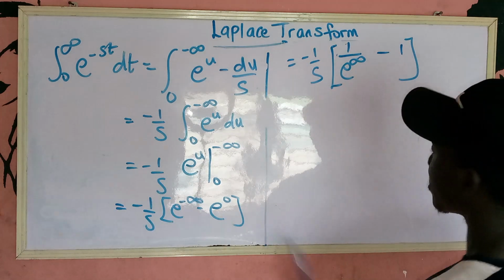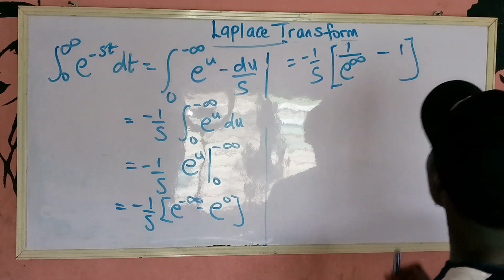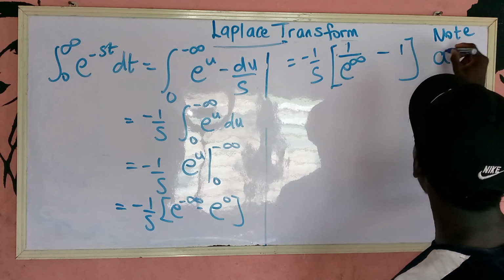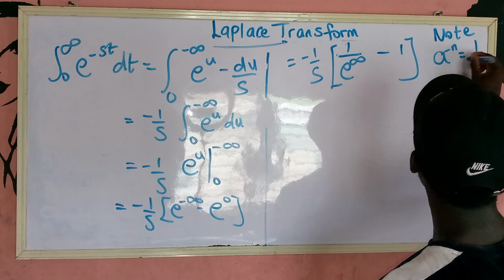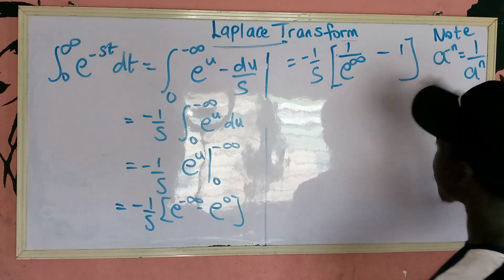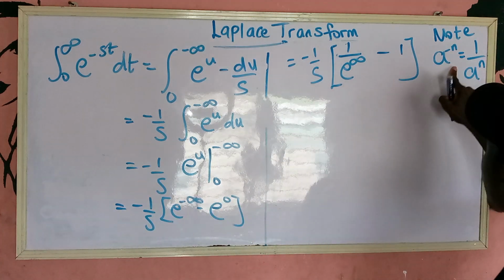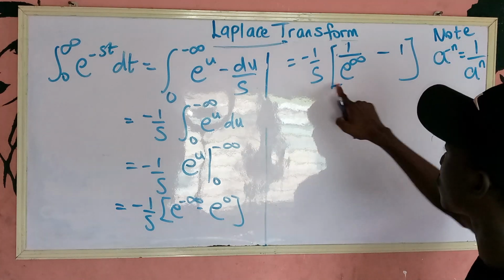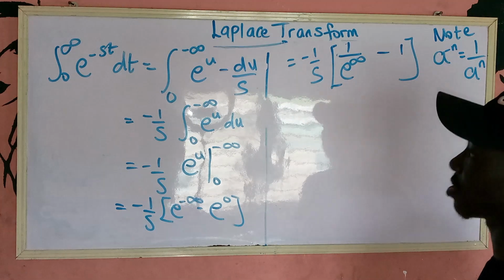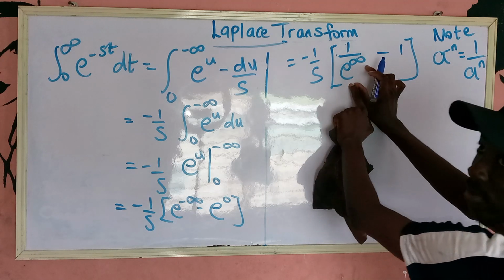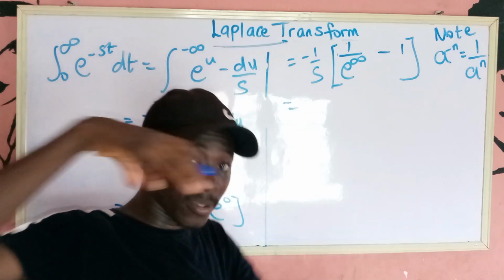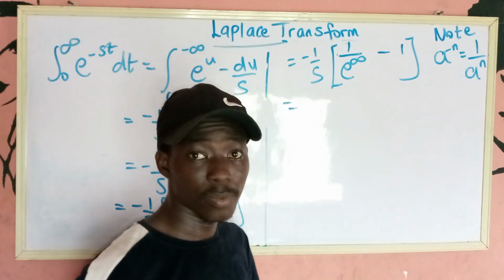The reason this works is that a raised to power minus n is equal to 1 over a raised to power n. Same thing I did here, 1 over e raised to power infinity. This is a very big number, and when you have 1 over a very big number like infinity, the value approaches 0.